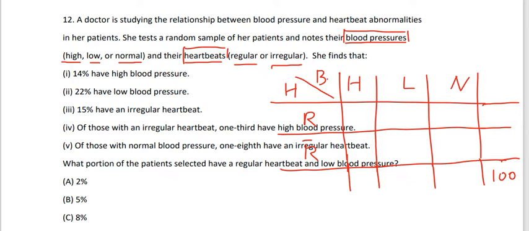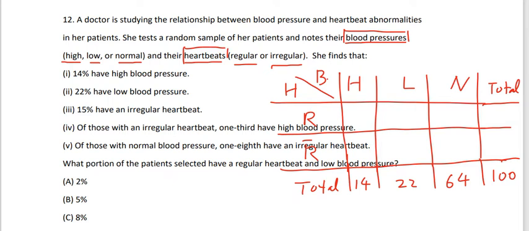Let's say 14% have high blood pressure, so this is 14, and 22 have low blood pressure. Then the percentage for normal is 64, since high and low total 36.